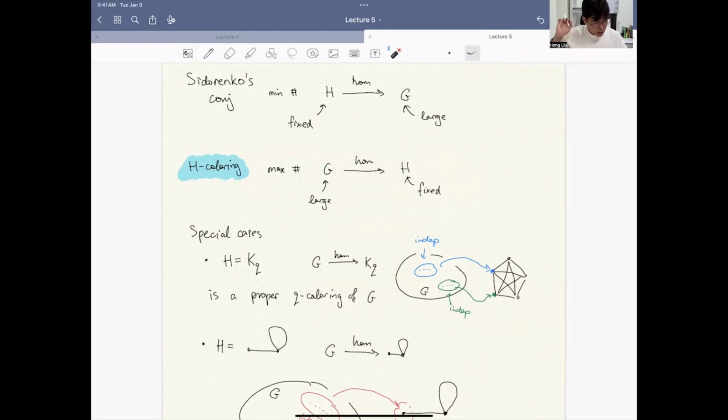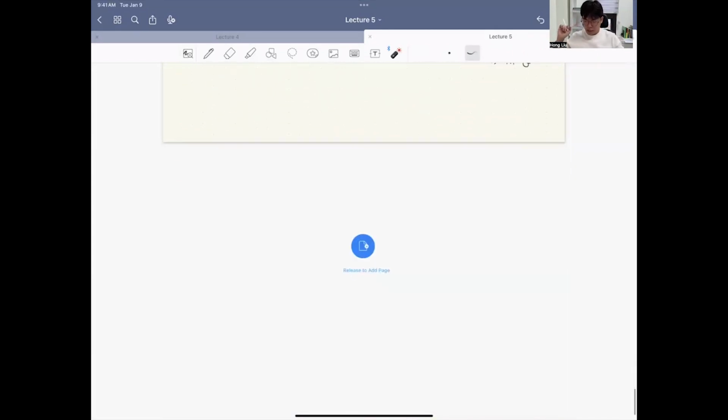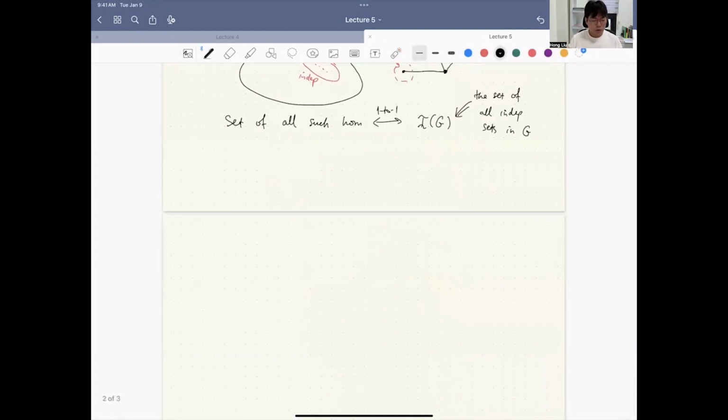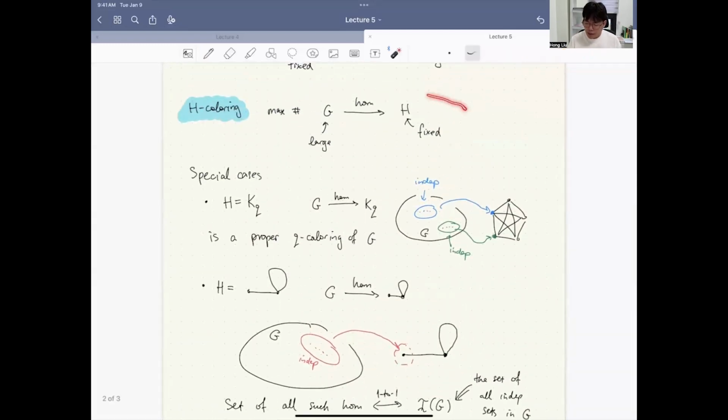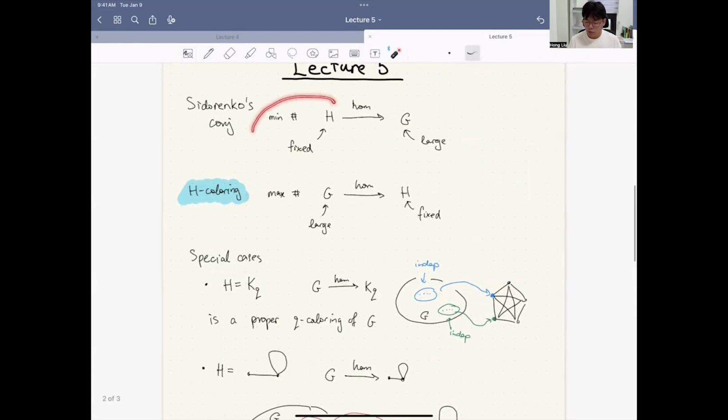The theorem we're going to prove today is a very beautiful theorem about maximizing the number of such colorings. In Sidorenko, we minimize homomorphisms given the edge density of G. We're going to do the same: given the density of G, ask which G maximizes homomorphisms to a fixed graph H.